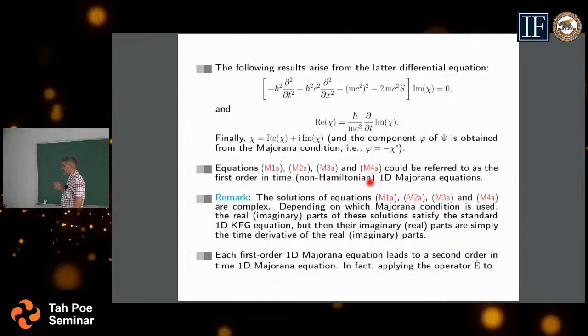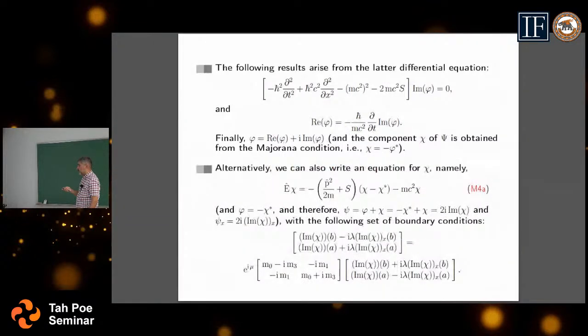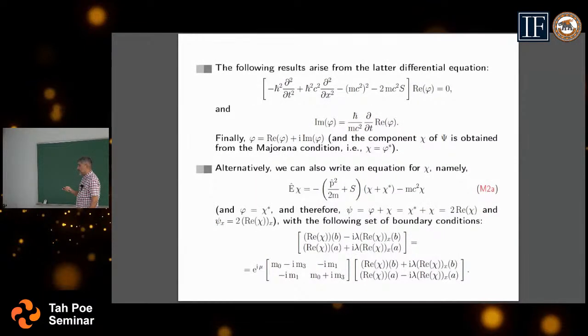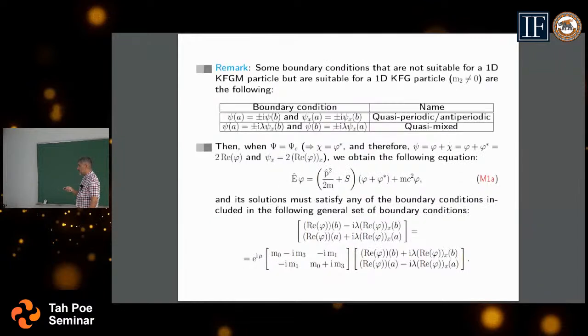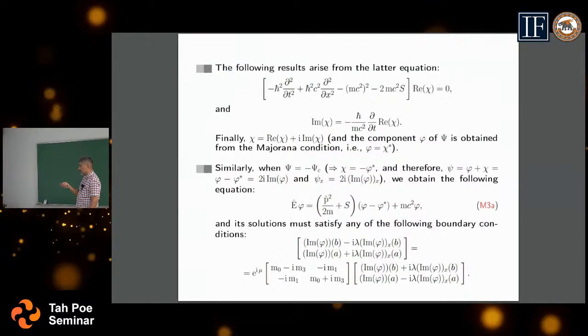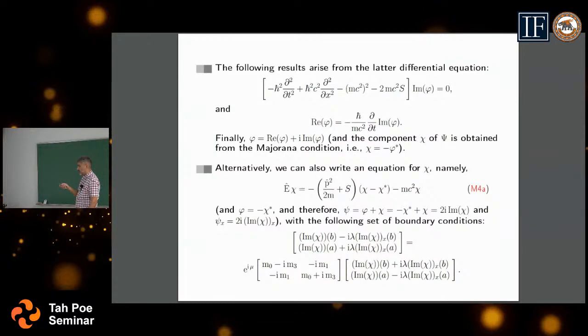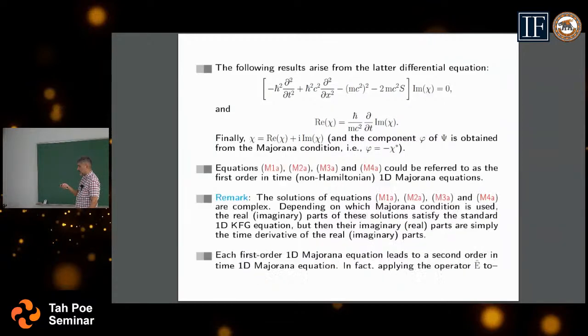Equivalent to the other. Okay, what do I call these equations? M4A, M3A, Majorana 2A, Majorana 1A. I call these equations the one-dimensional Majorana equation for the Klein-Fock-Gordon-Majorana equation. Sorry, for the Majorana particle. That's what I'm trying to say to you. You can call this because non-Hamiltonian.